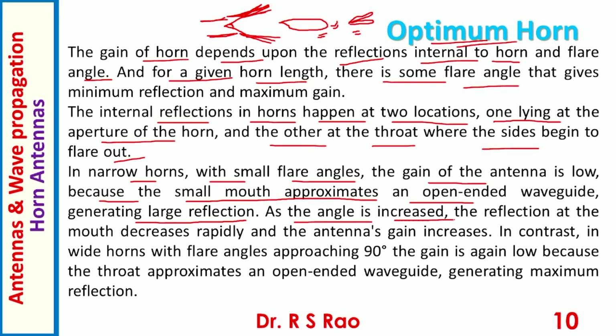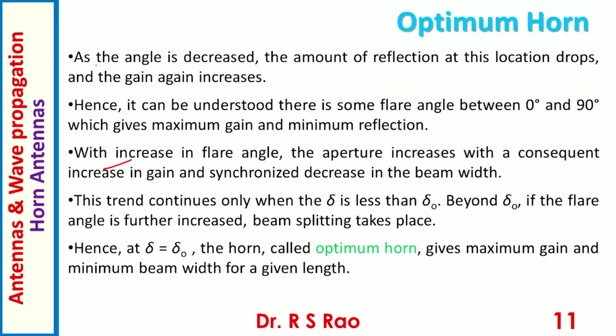As the angle is increased, the reflection at the mouth decreases rapidly and the antenna's gain increases. In contrast, in wide horns, with flare angles approaching 90 degrees, the gain is again low because the throat approximates an open-ended waveguide, generating maximum reflection. As the angle is decreased, the amount of reflection at this location drops and the gain again increases.